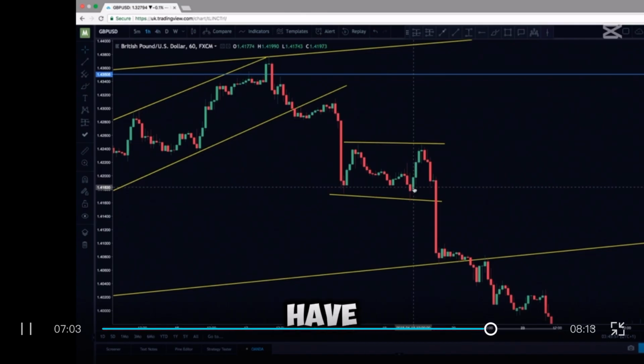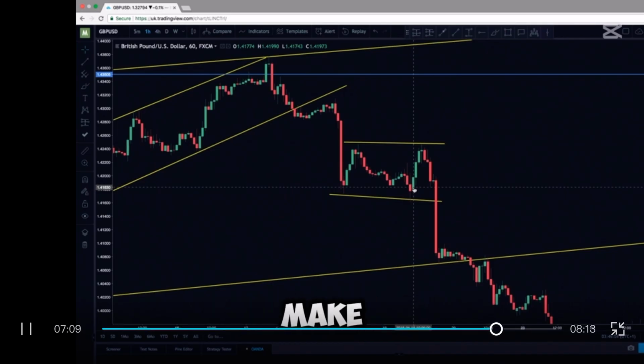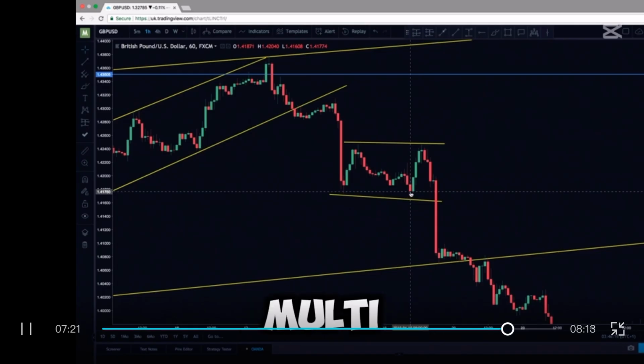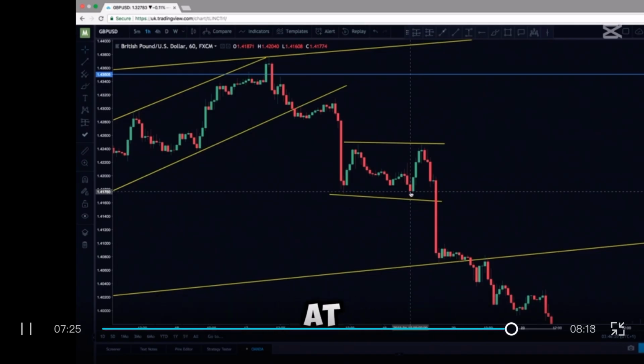And then what we have is an override, and what we have is something that we look at to make sure, well, if this doesn't happen, what else can happen within the market? And that is where candle shapes come in. So as we transition into building on these trades with patterns within patterns and then multi-touch identification, now let's take a look at what that looks like with our override and candle shapes and how effectively we can use that.